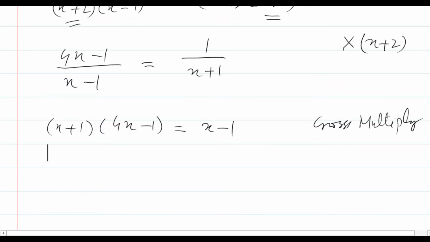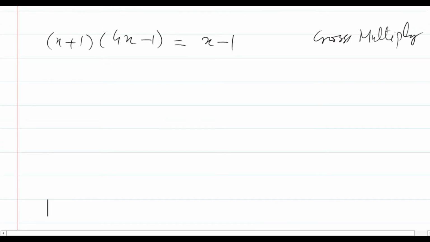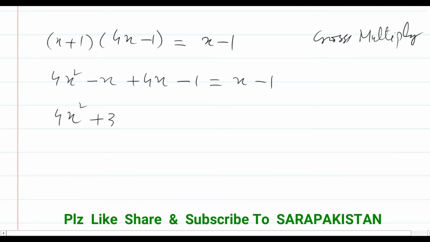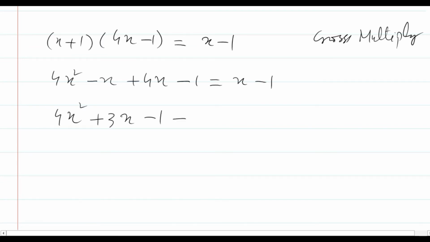Our next step is simplification, and you will get 4 times x square minus x plus 4x minus 1 equal to x minus 1. Further you will get 4x square plus 3x minus 1, and then you take x to the left side, minus x and then plus 1 equal to 0.